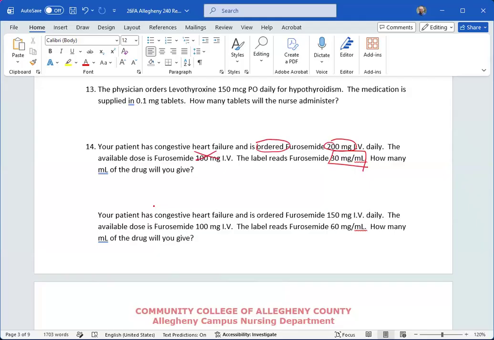That's just the total quantity in the vial, and with the liquid component of it, it comes out to 30 milligrams per milliliter. So when you're solving this, doing ordered over available, 200 milligrams over 30 milligrams times the 1 mL, and I think someone put that in there. I think it's 6.7 mL.